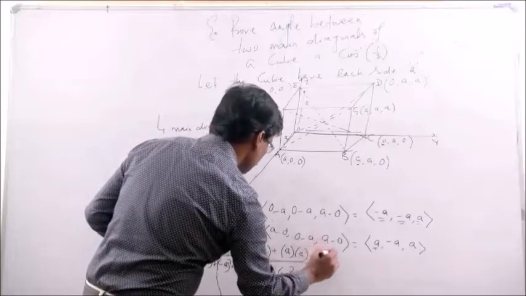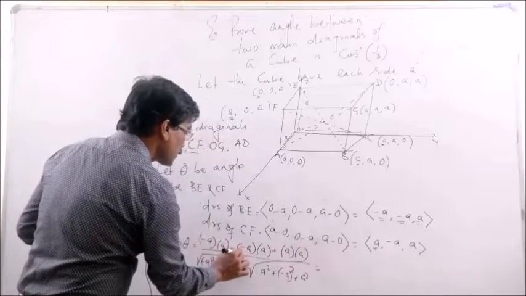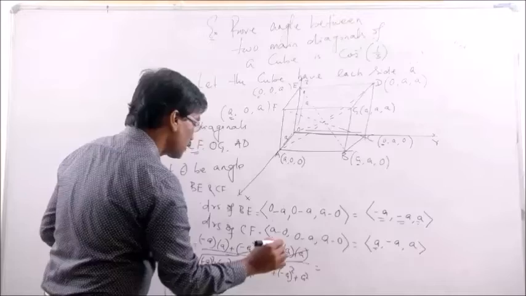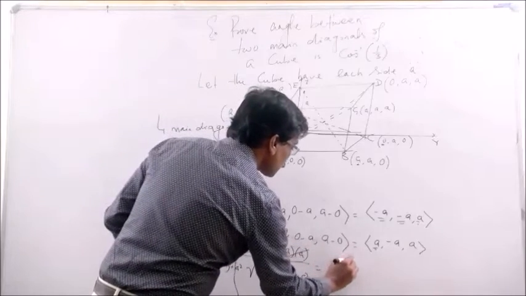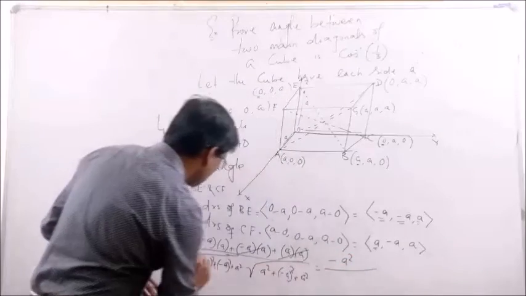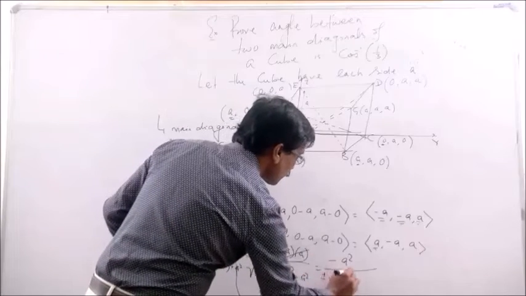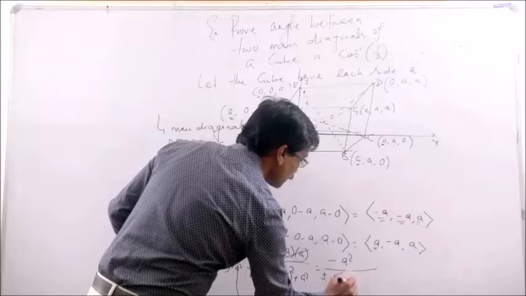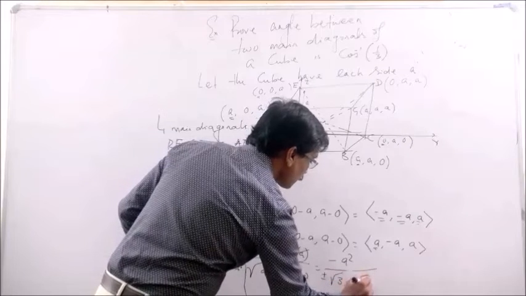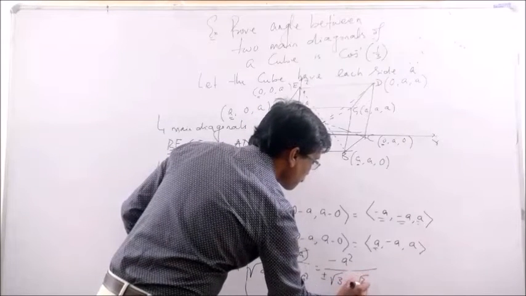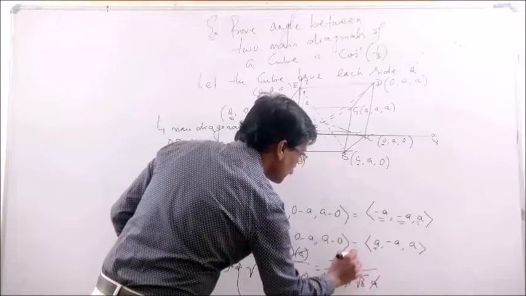That is equal to (-a square plus a square plus a square) divided by 3a square, so a square cancels out.